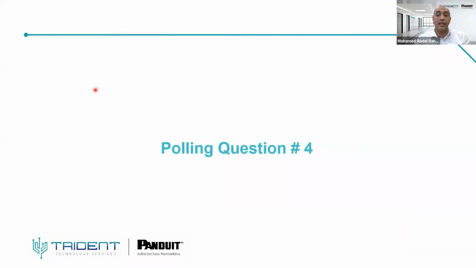So now this is the fourth polling question. You can answer it. What is the maximum channel length when you have a horizontal permanent link using 23 AWG? This is a traditional solid horizontal cable, but you plan to have a 28 AWG patch cord.